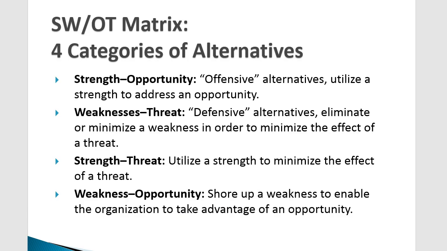There are four categories that we talked about, and there are four categories of alternatives. We could talk about strength-opportunity, and these are more offensive alternatives that are common and involve utilizing an organization's strengths to address the opportunities.